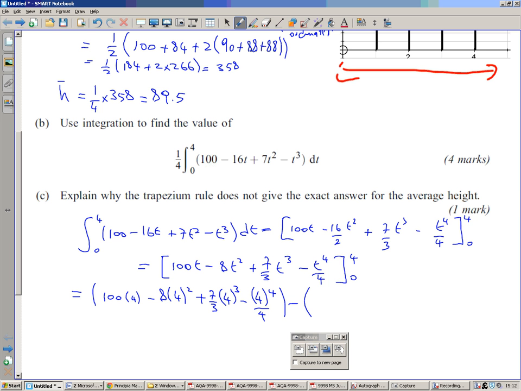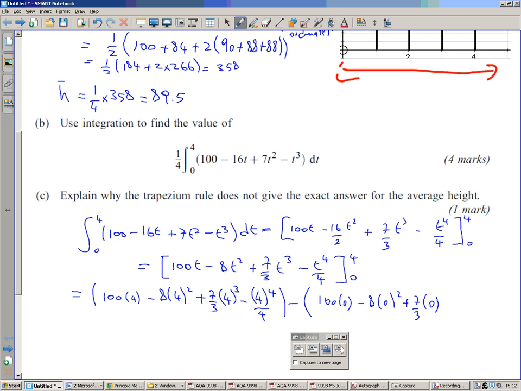in here, thinking of all those over 0, and you'd be right. But there may be other questions where it's not always 0, so it's good form to just put 100 times 0, minus 8 times 0 squared plus 7 over 3 times 0 cubed.